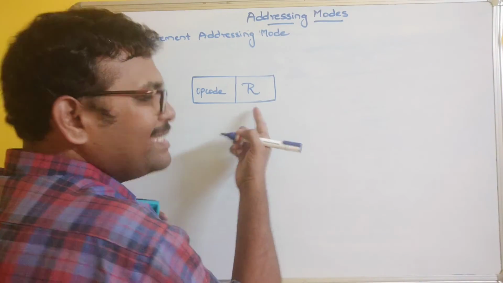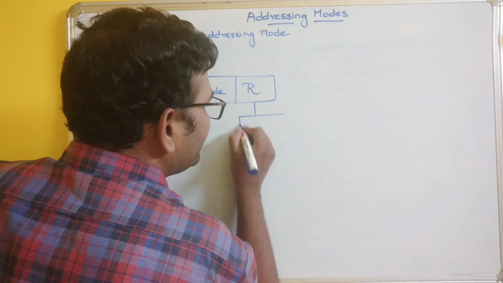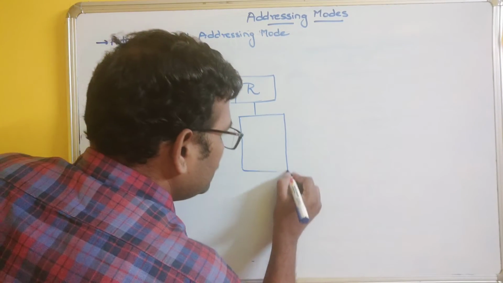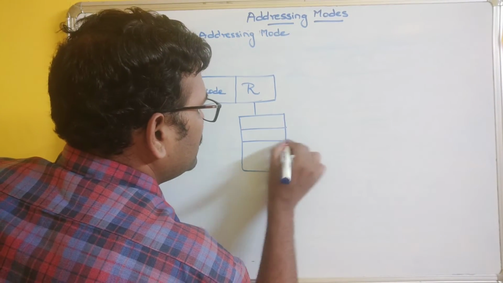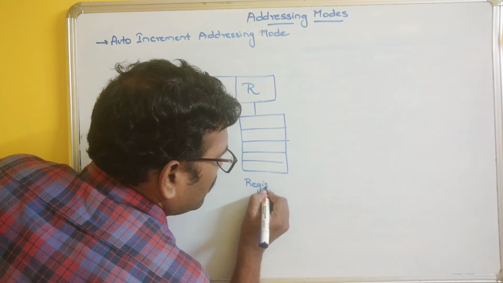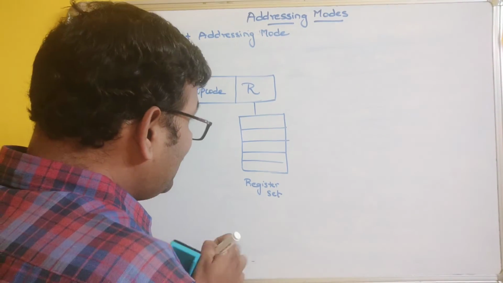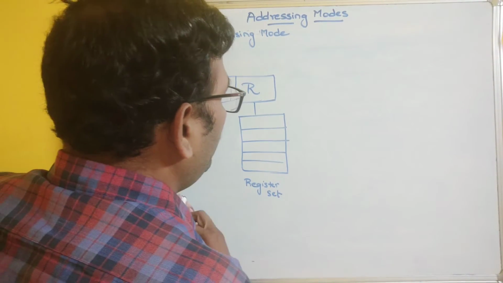Okay, and this register will be pointing in the register set. So this is a register set which will be having a lot of registers. Okay, and this register will be pointing towards the memory.